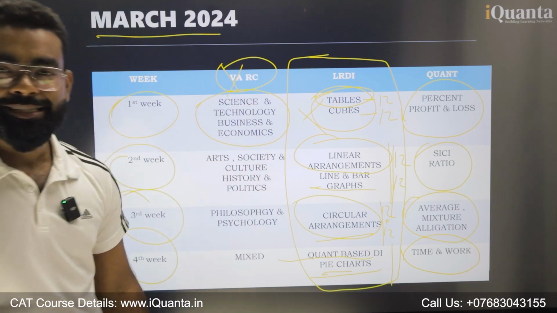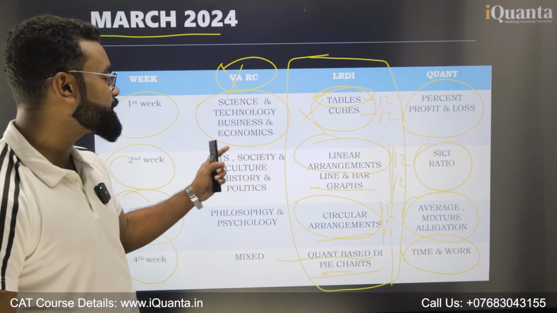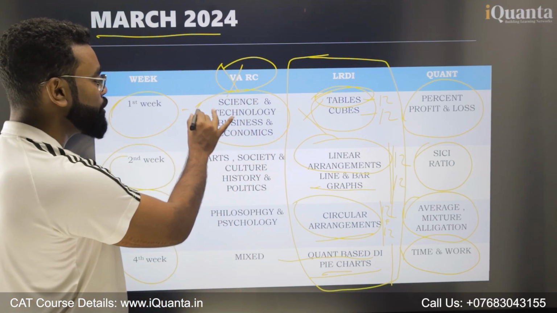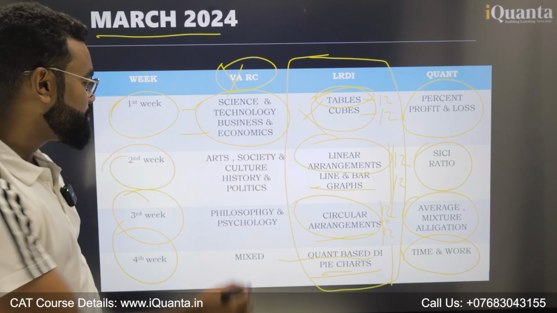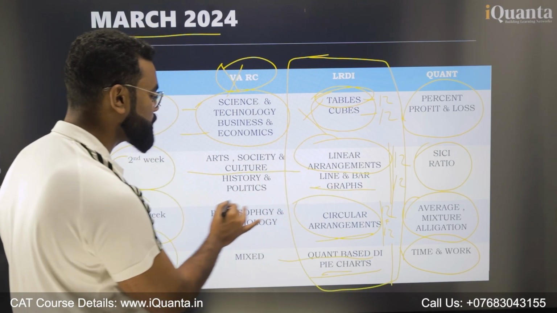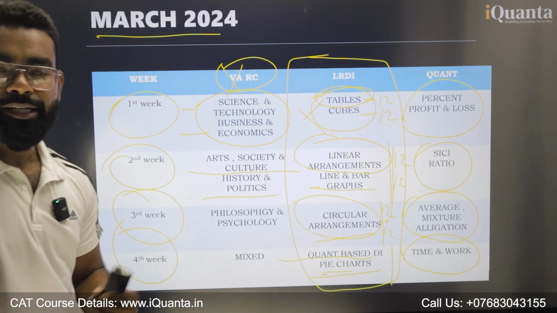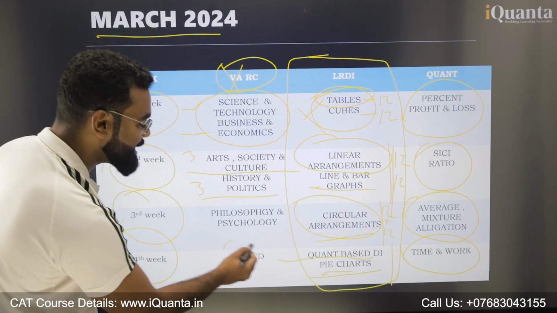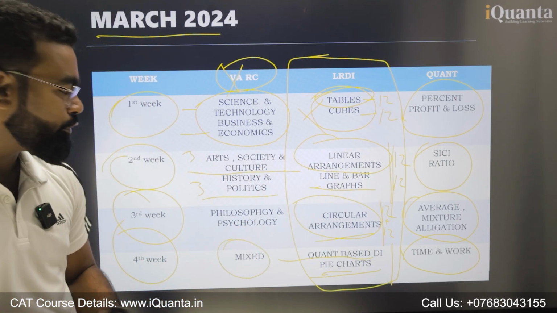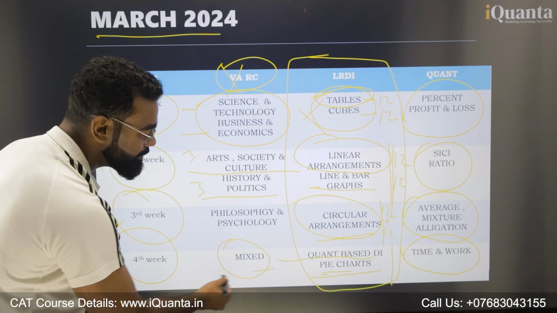Read these passages and solve 4 passages each day. One is science and technology, second is business and economics. Do 3 days of this, then similarly arts, society, culture, history, politics, again divided into 3 days each. From the 4th week onwards, you have the mixed thing.